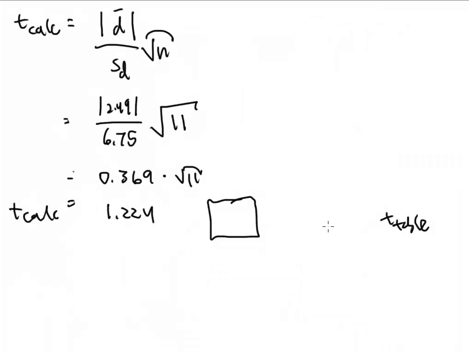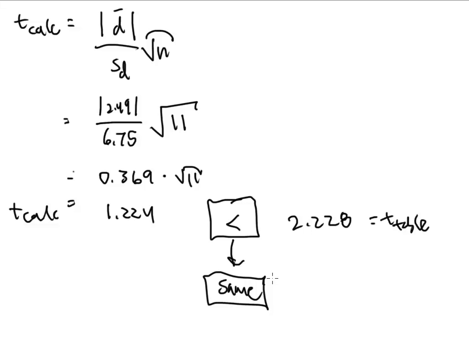All right, so 2.228 is my T table. My T calc is 1.224. So my T calculated is less than my T table. And because it's less than the T table, that means these two methods are the same.